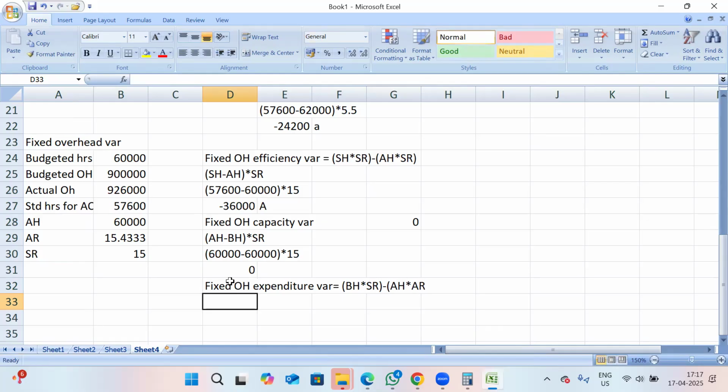So budgeted hours into standard rate is 9 lakhs. Actual hours into actual rate is 9 lakh 26,000. So 26,000 is favorable.